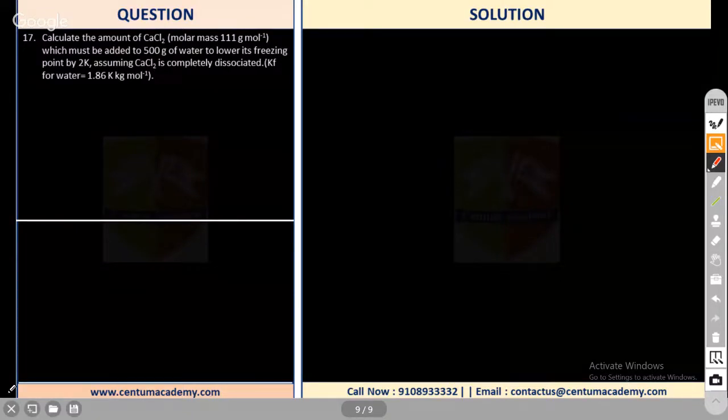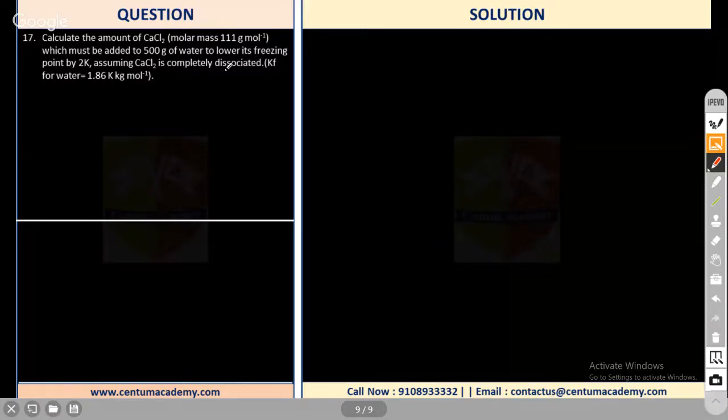How many of you have taken the i value here? What is the i value you have taken? Yeah, it's 3. Correct. See, for CaCl2, the i value is 3. That's not an issue. But the point here is that it is given in the question, assuming CaCl2 is completely dissociated.